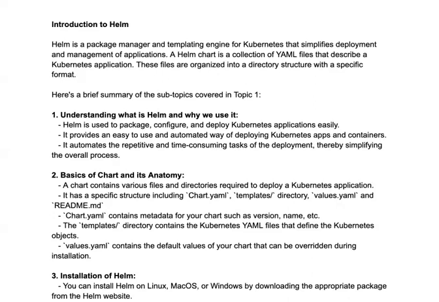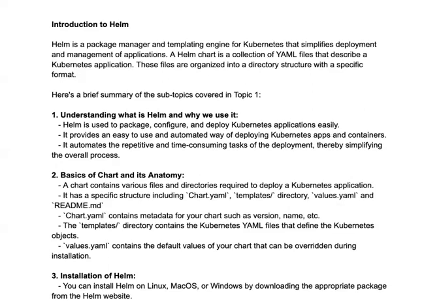And lastly comes your values.yaml file. The values.yaml file is used to define the default values that you want your chart to be assigned, right? This is only for defining the default values, but you can override this depending upon your application requirement.